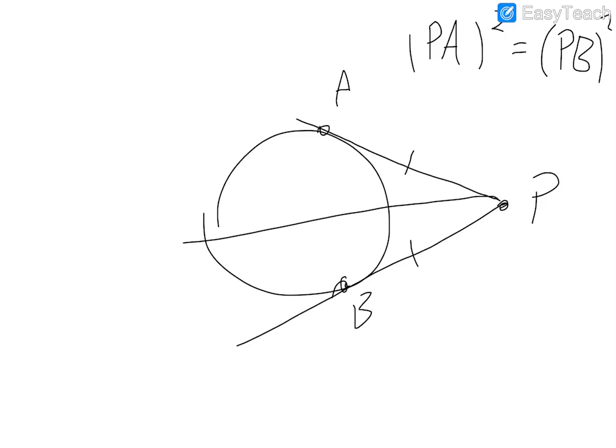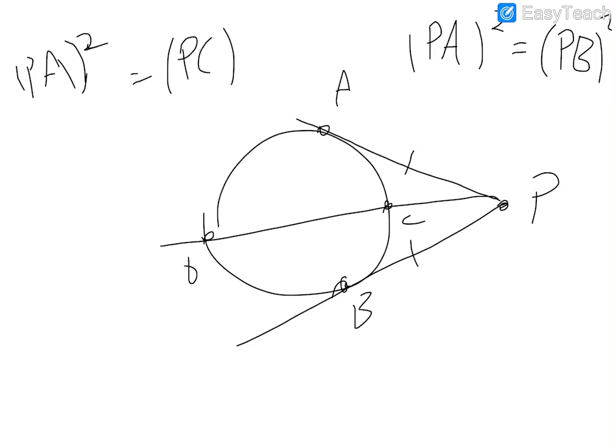And if you have a tangent line and another secant line like this, let's call it CD, you know that PA squared is equal to PC times PD. Honestly, there are a lot of applications for the power of a point theorem, even though it may seem a bit obscure.